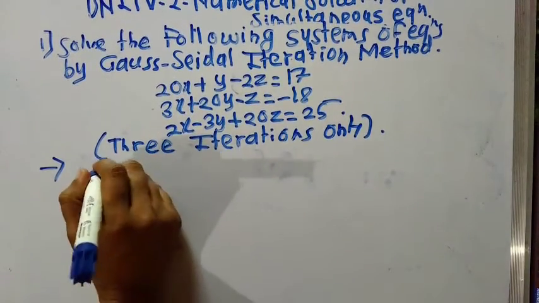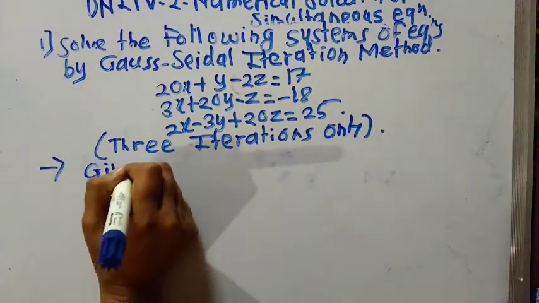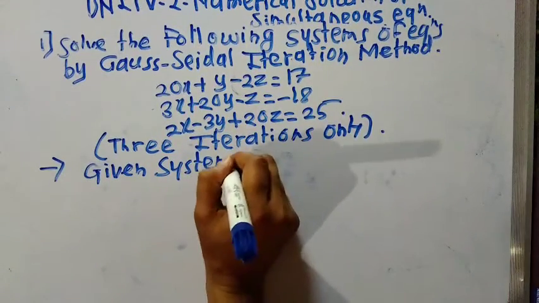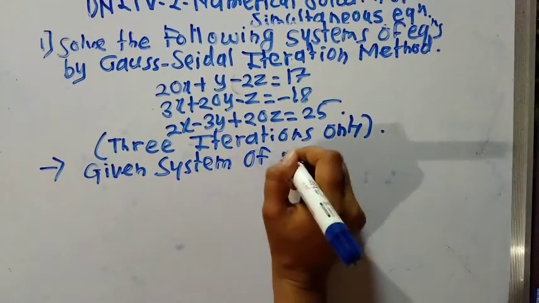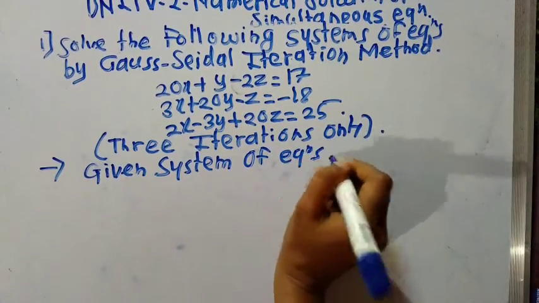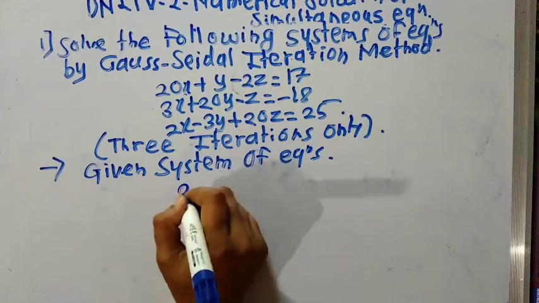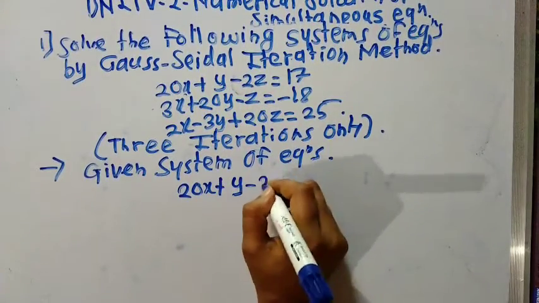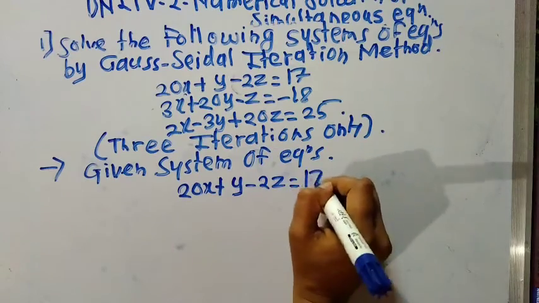Then first, the given system of equations are 20x plus y minus 2z is equal to 17.